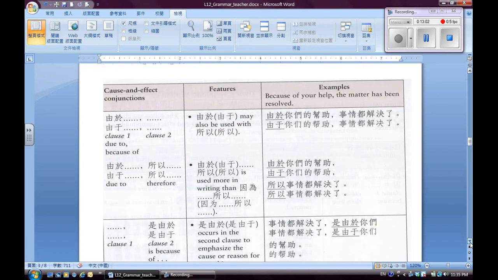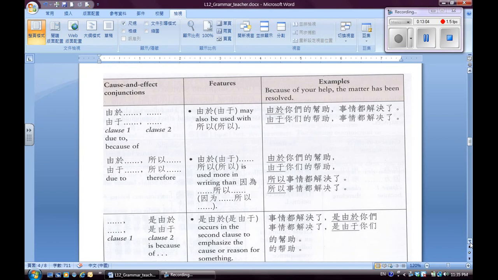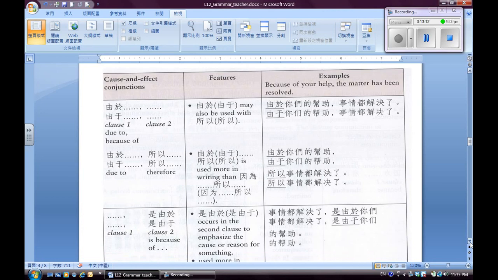My computer is a little slow because she is a 7-year-old lady, very old for a computer. The next one is using 由于 or 由于所以, okay. 由于你们的帮助事情都解决了, or you can say 由于你们的帮助所以事情都解决了.